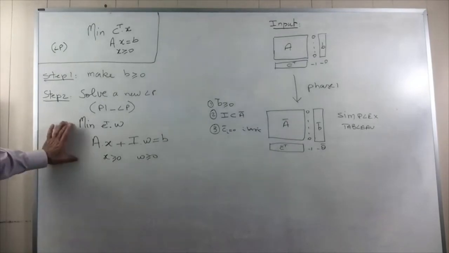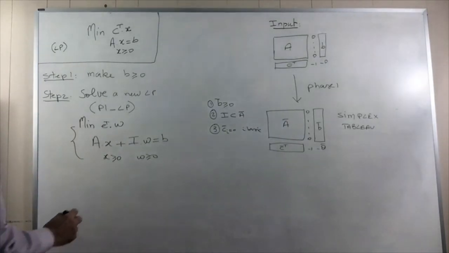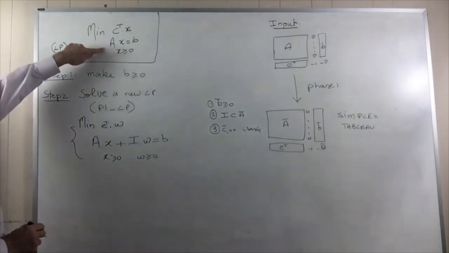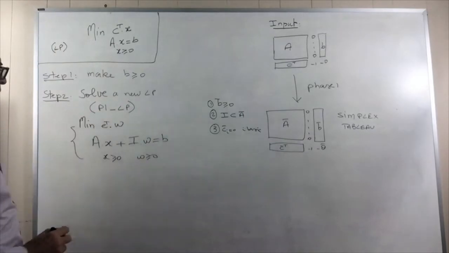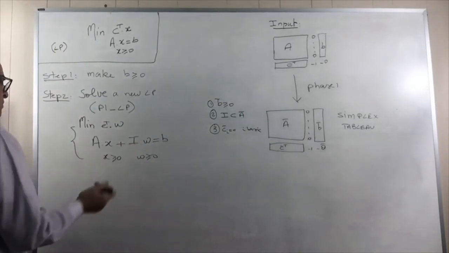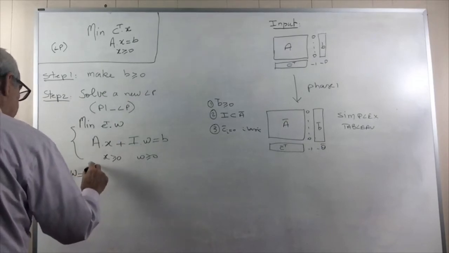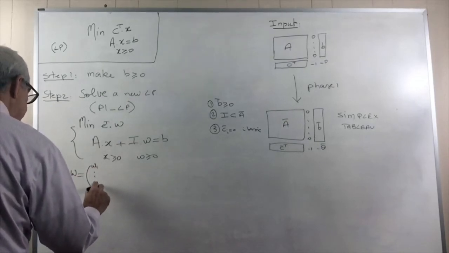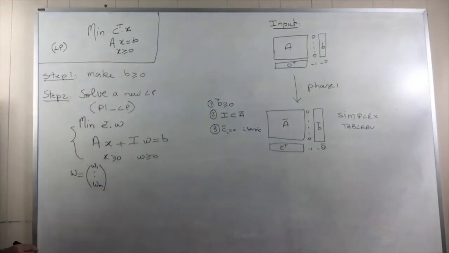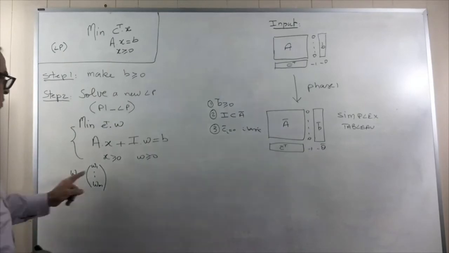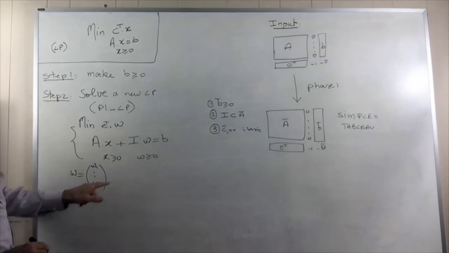So this is a new linear program. What we did from here is we added I·W. That means for every equation we added one variable, W1, W2, and so forth. So W is W1 through Wm, as many variables as there are constraints, or equations. And we are requiring that W is also greater or equal to 0, meaning every one of them is greater or equal to 0.